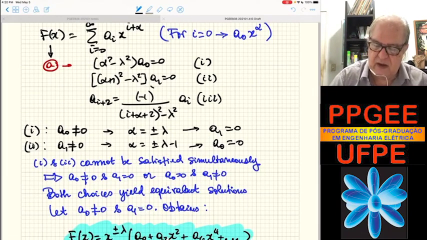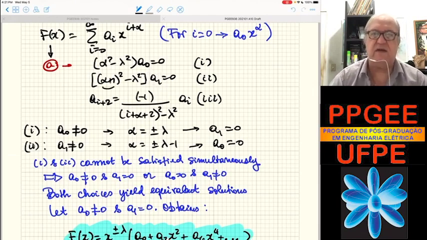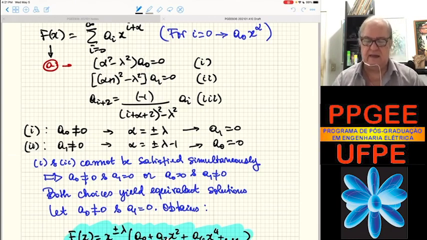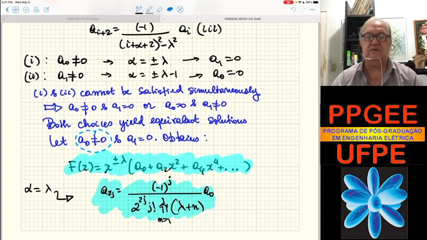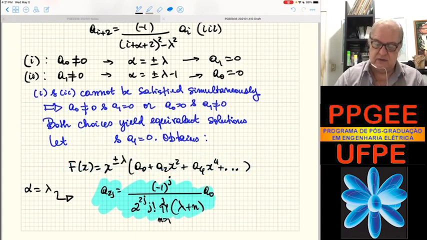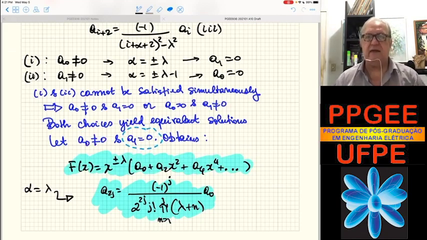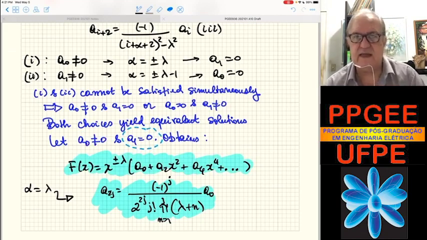Because if I make a1 not 0, you're going to have an increment of 1 here. If I make a0, there's going to be no increment in the coefficient alpha. So let's in practice use a0 different than 0 and a1 equal to 0. I'll leave for the assignments for you to check that the conditions are equivalent.